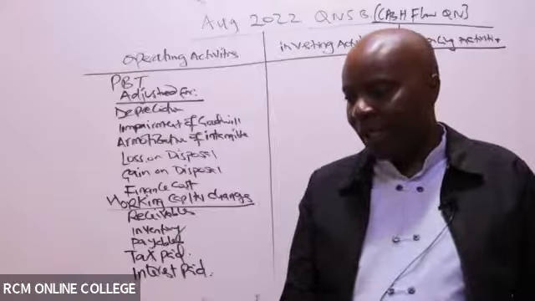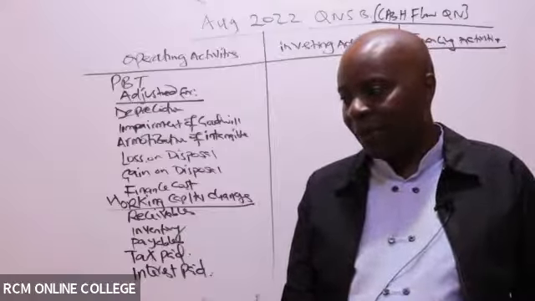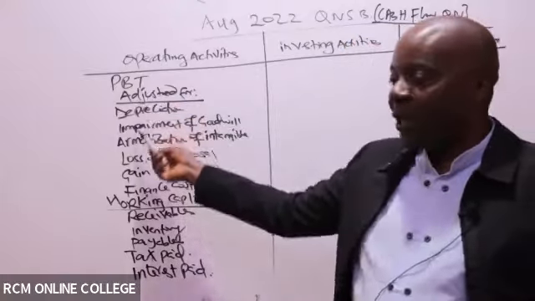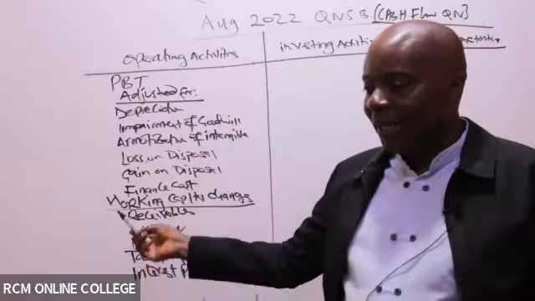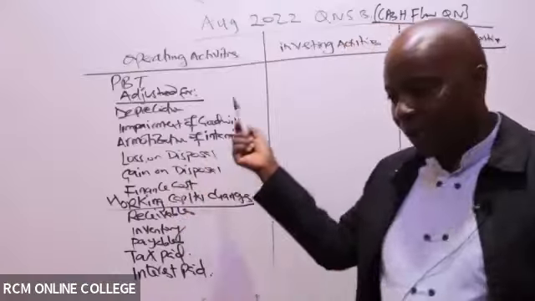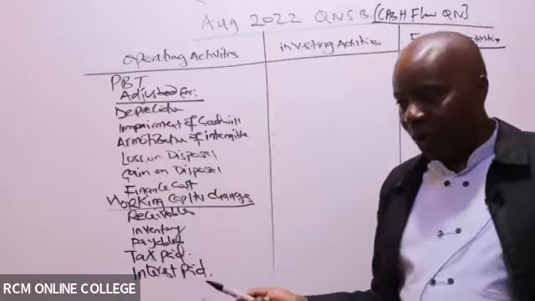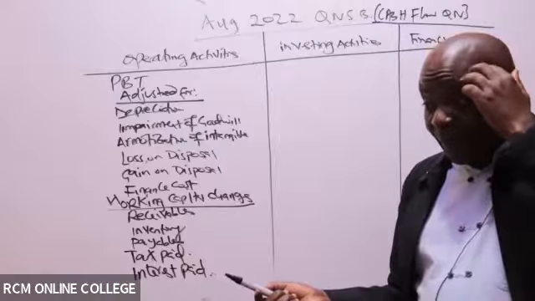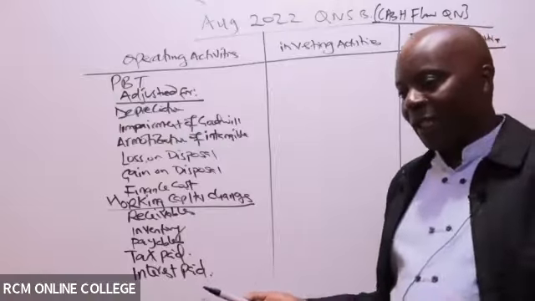Just share it in the WhatsApp group. I'll really be happy. The one who was asking about the acronym, have you now mastered it? Dorothy is also asking for the same. Kindly share that question, the question paper. August 2022, question number 5B. Thank you so much, Tony. Tony is always ahead of things.